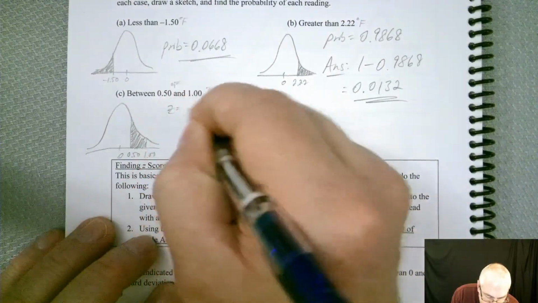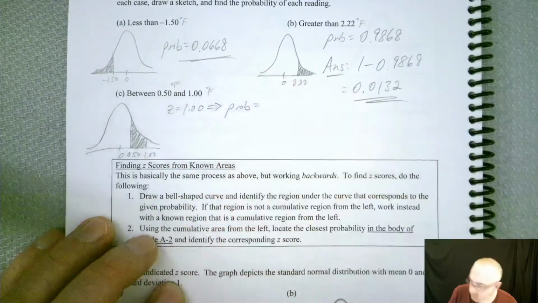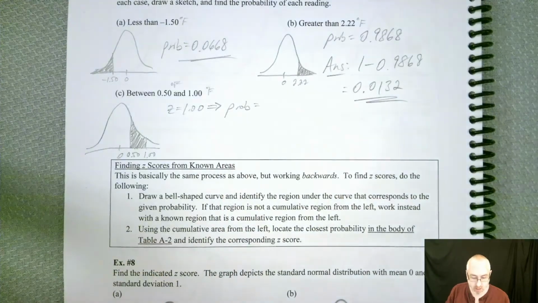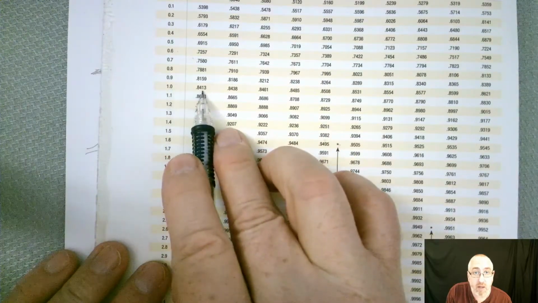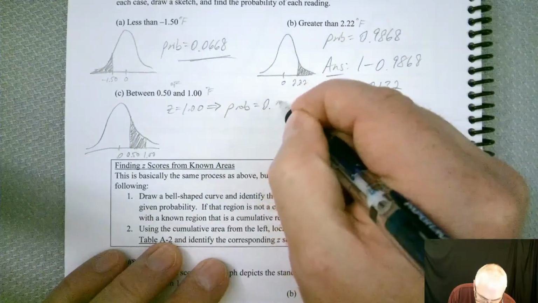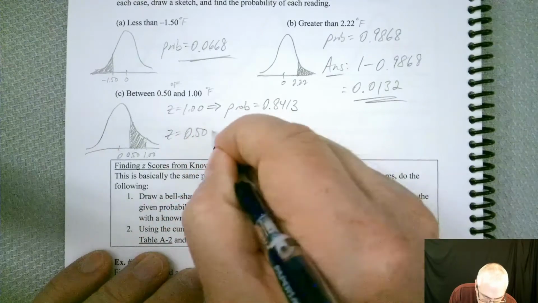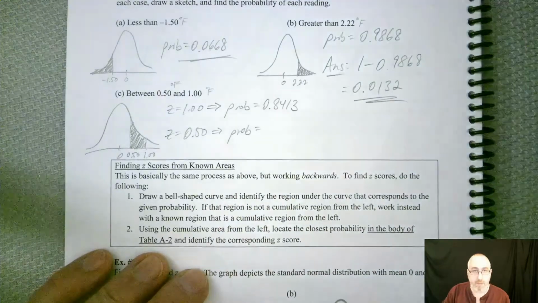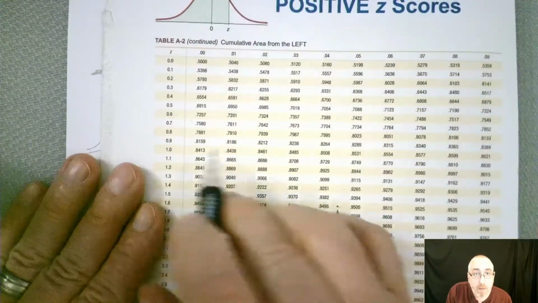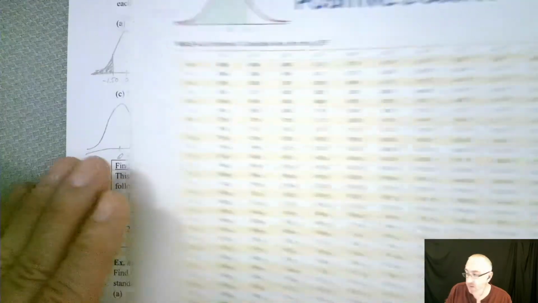So when z is equal to 1.00, we get a probability of what? Well, let's get to our table. 1.0, and then the first column is 0, so 0.8413. And then when z is 0.50, 0.6915.